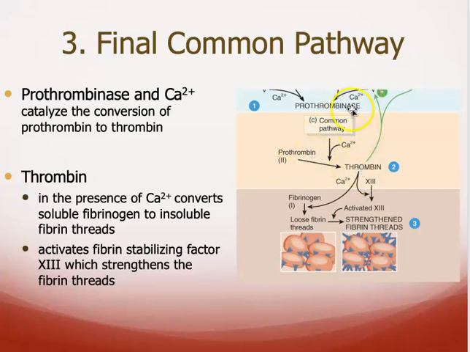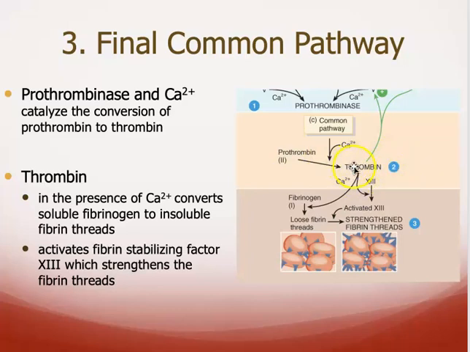Prothrombinase is an enzyme that will convert prothrombin, so just take the ACE off, into thrombin. So the steps here are, again, enzyme, take off the ACE. Prothrombinase works on prothrombin to basically remove that pro part, and then you get thrombin.